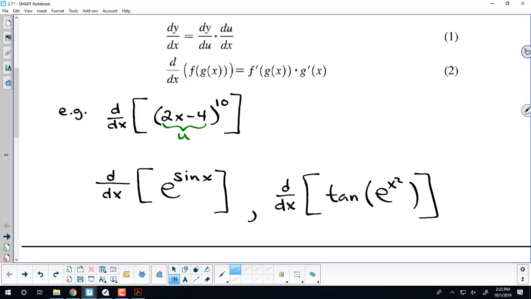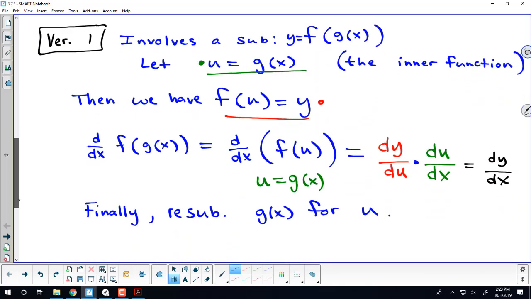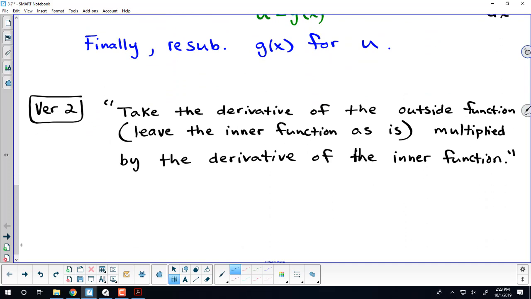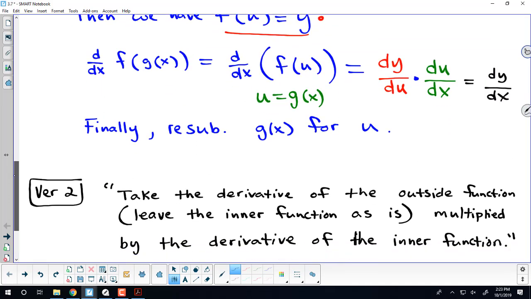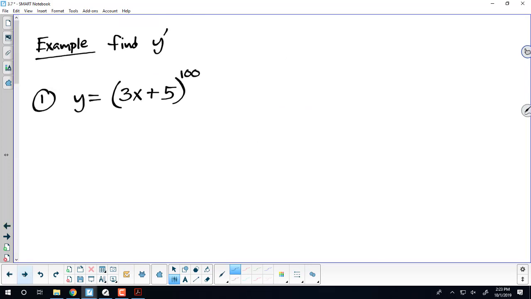Like I said, we'll look at a specific example using both versions. That way you can get a feel for both of them and determine which one you want to use. Does anyone have any questions on either of those? Again, both deal with taking the derivative of a composition, or a composite function.